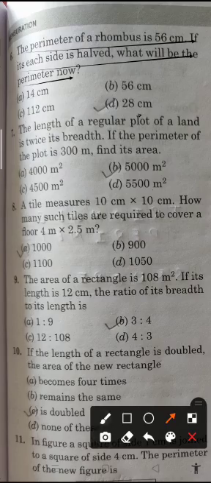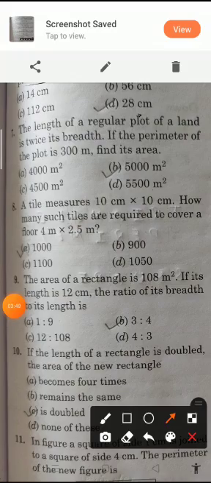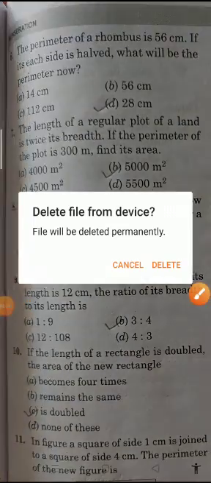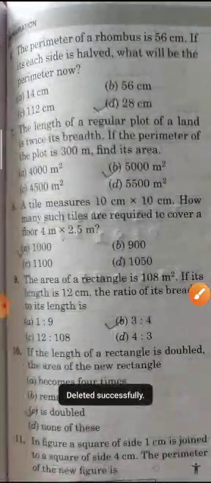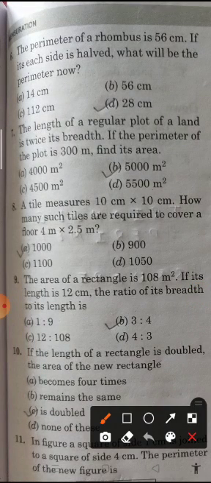So option D is correct. Because when the side of a rhombus is halved, then the perimeter is also halved.